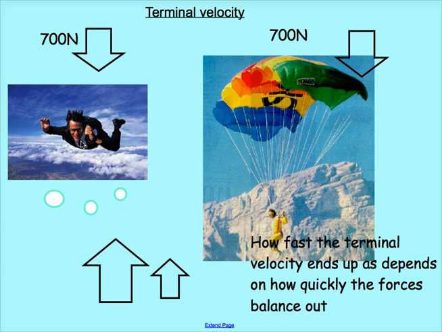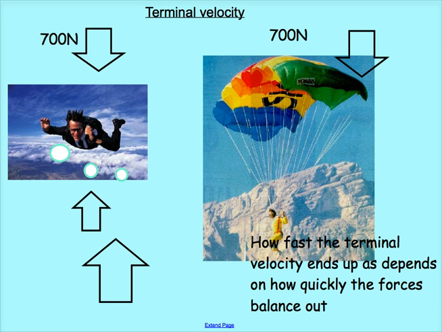Now this bloke here, as he jumps out of the plane, the air rushes up and bumps into him. That's what we call air resistance. So that air resistance here, we can use a force arrow there.